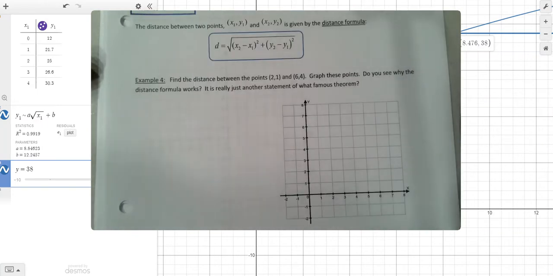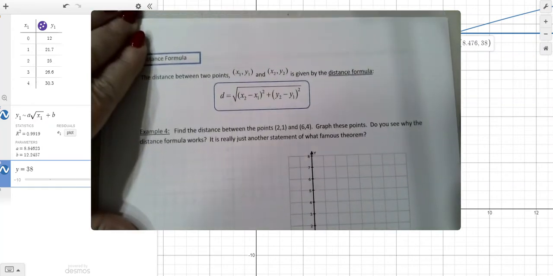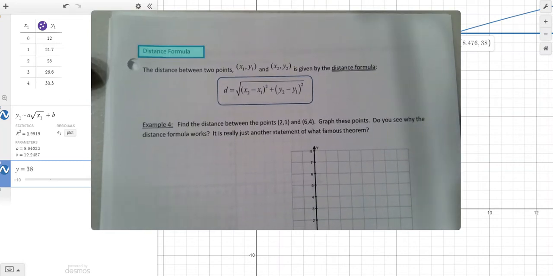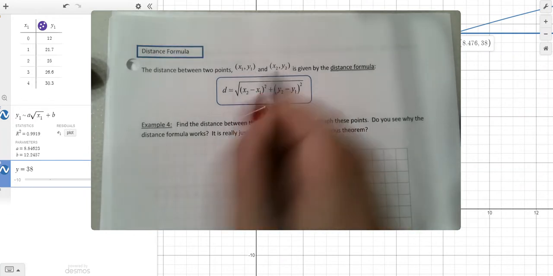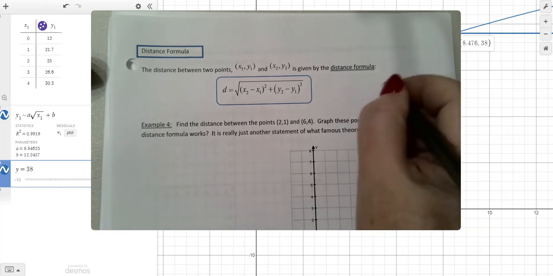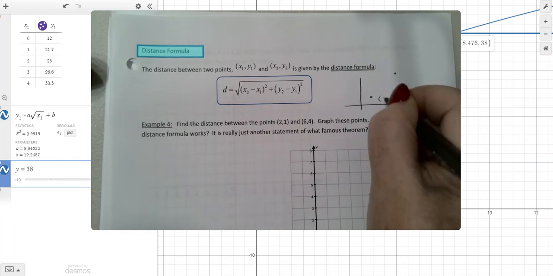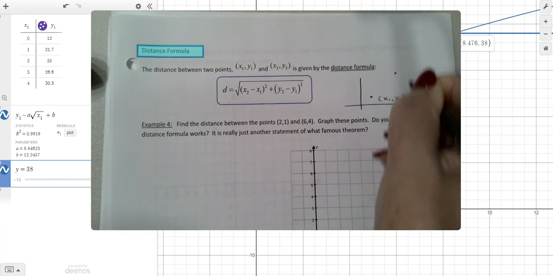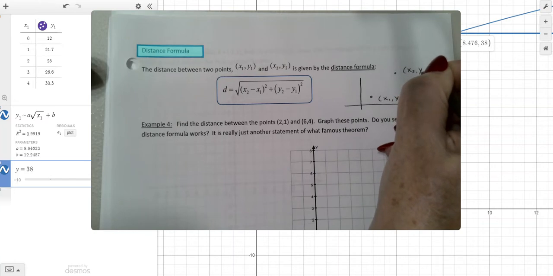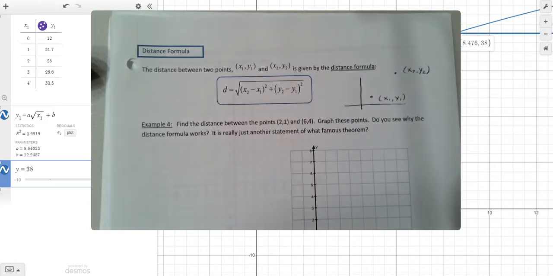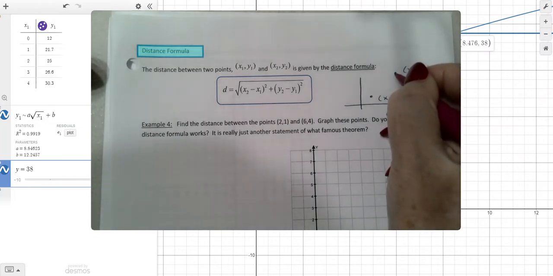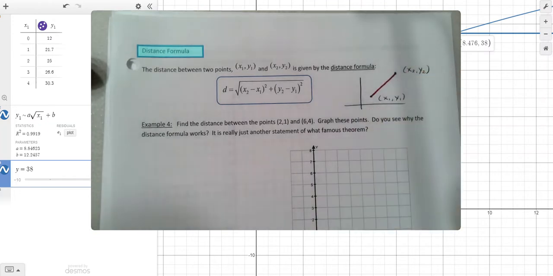All right, we have one more application to finish out this section. It's called the distance formula. And it allows us to calculate the straight line distance between any two points. So if I have two points, x1, y1, and x2, y2, and I want to know how far apart they are, I'm trying to calculate the straight line distance between them.